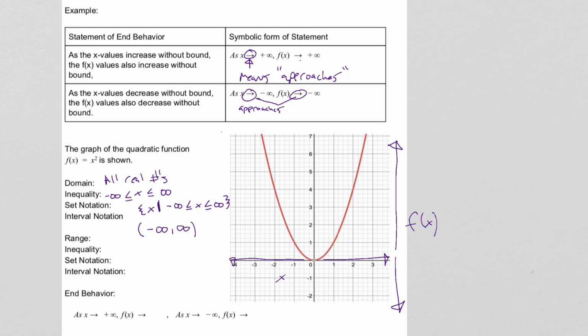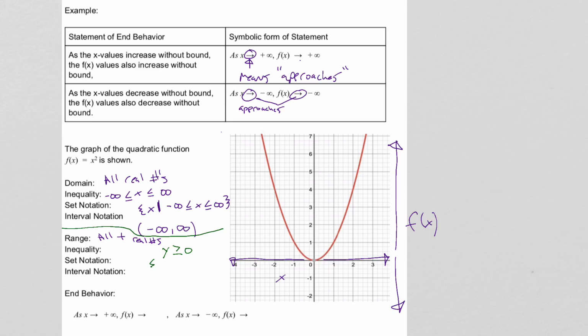Okay, range. Doesn't look like y could be any value, does it? Y is definitely greater than or equal to 0. So I would say all positive real numbers. And let me partition this. All positive real numbers. As an inequality, I would say y has to be greater than or equal to 0.